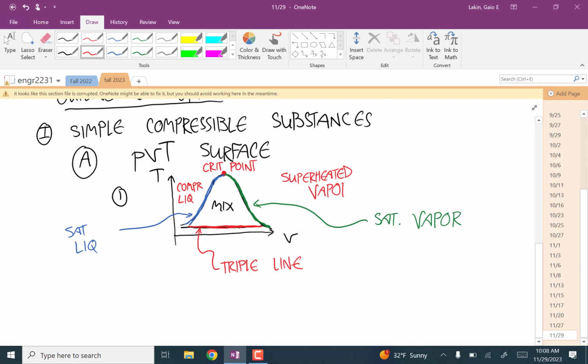I can't visualize it really. Maybe there are YouTube videos that give you a sense of what's going on, but when you have pressures and temperatures above that, there's no longer any distinction between vapor and liquid. All you have is what's called a supercritical fluid.